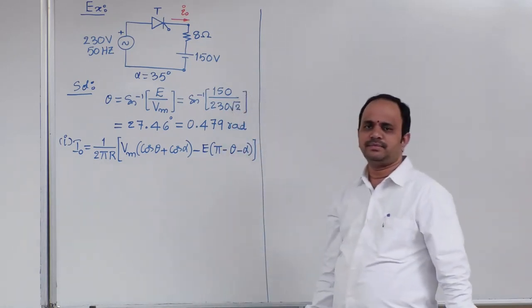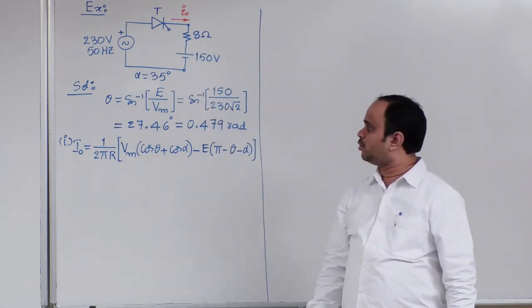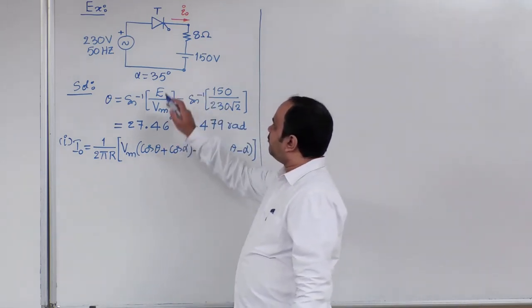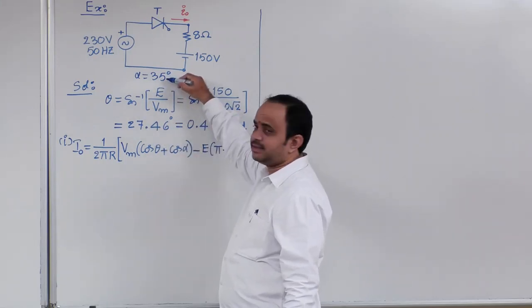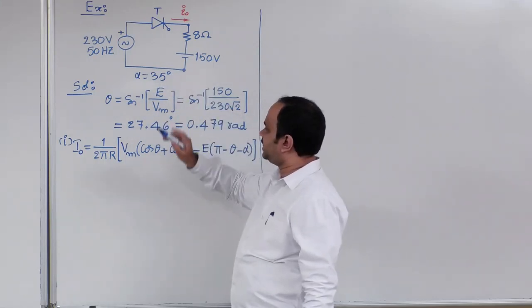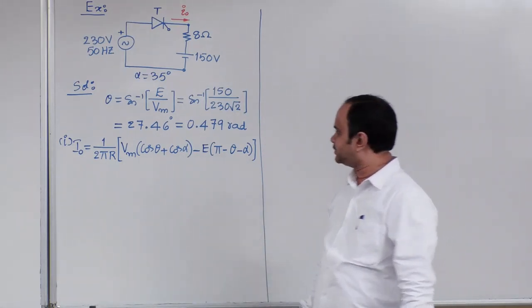This is what we have, where alpha is given as 35 degree. Now one cross checking: for this SCR to start conduction, alpha should be greater than theta. 35 is greater than 27.46. Otherwise no need to proceed.